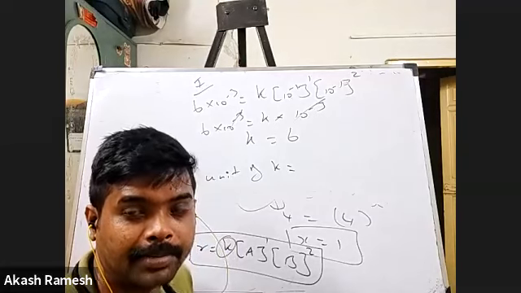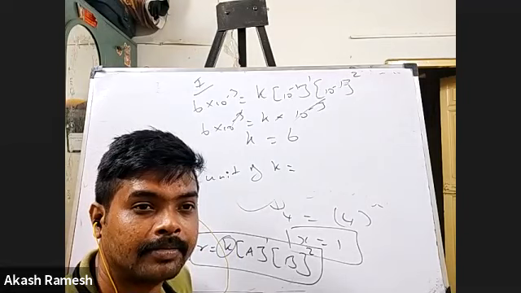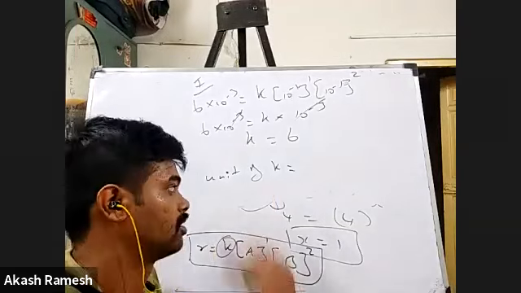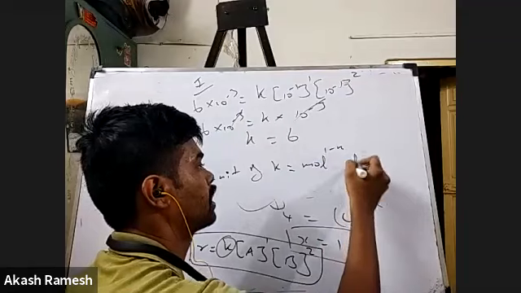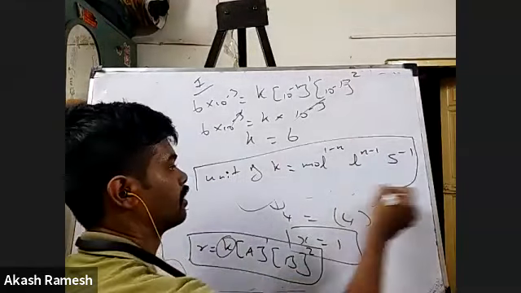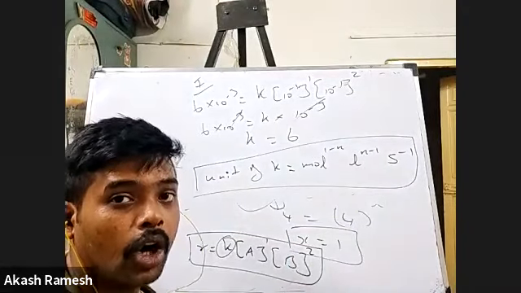Nobody remembers. Okay, I don't know whether I gave or not. You tell me whether I gave or not. This is the thing. So it will be mole power 1 minus n, liter power n minus 1 per second, where n is the overall order of the reaction.